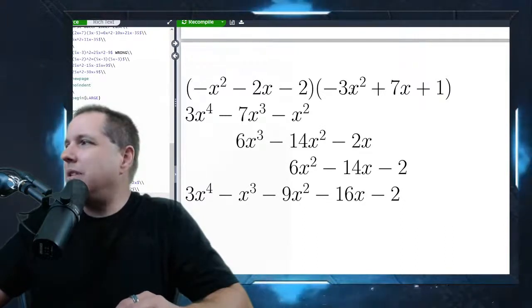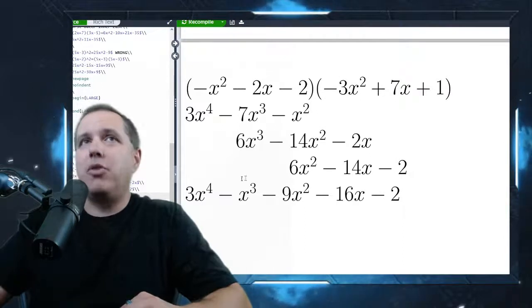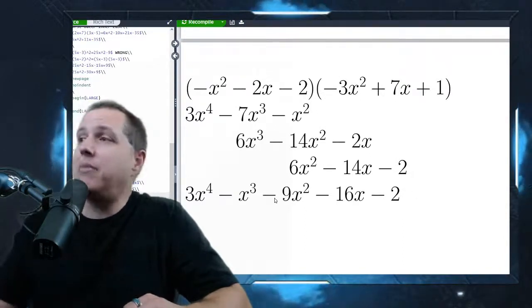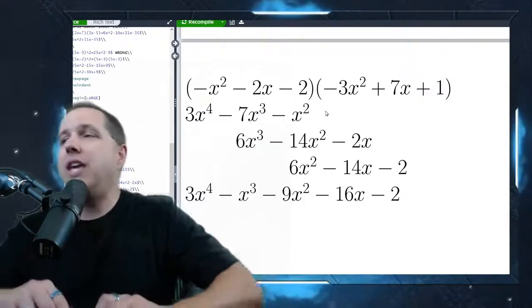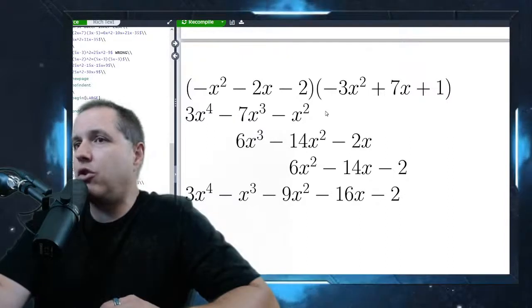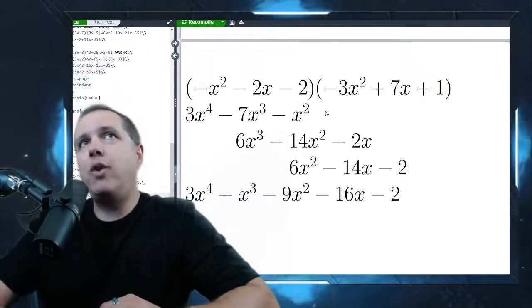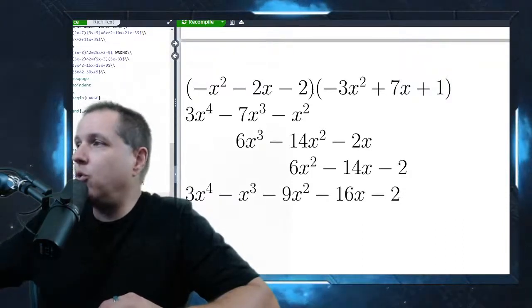It just kind of seems natural, especially since you just learned how to multiply polynomials and put them in standard form, where you'd go, well, this seems like the better form. And sometimes it is. But there are certain operations that we want to do that we can't. We basically lose our toolbox if we don't have a product.